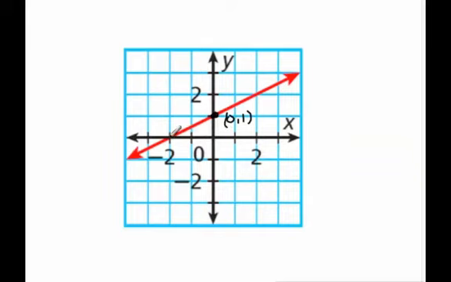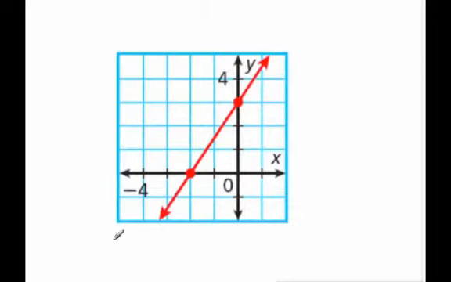And then I have (negative 2, 0), and that represents my x-intercept. So when we're looking at graphs, all we're doing is looking for where they are crossing the x and y axes.